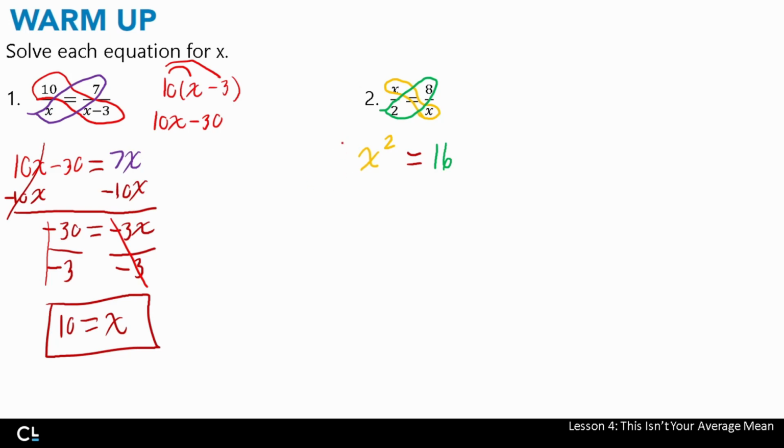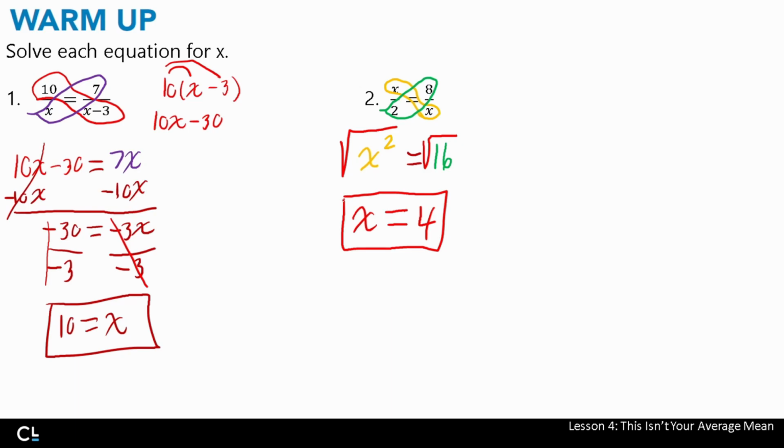So take the square root of both sides, right? And we're lucky here, right? Because right here, the square and the square root, they cancel, so we're left with x equals, and 16 is a perfect square. So when you take the square root of something, it's like asking yourself, hey, what times itself will give me this number? And we know that 4 times 4 equals 16. So the square root of 16 is 4.